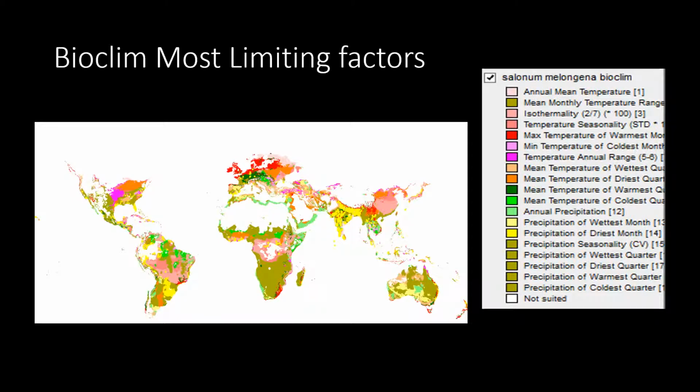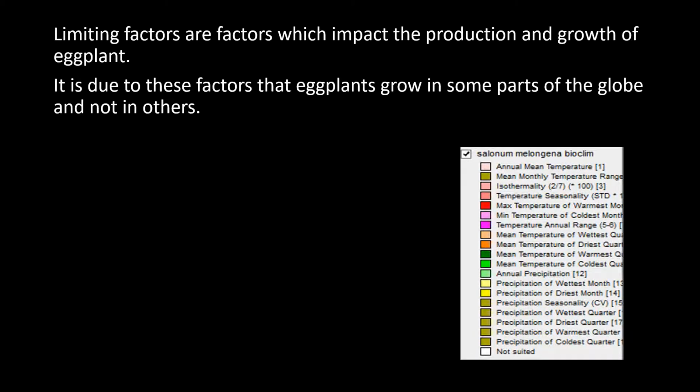Bioclim most limiting factors are represented on the legend on my right. Limiting factors are factors which impact the production and growth of eggplants. It is due to these factors that eggplants grow in some parts of the globe and not in others.